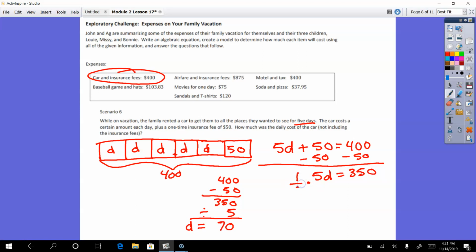Multiply by the reciprocal, which is the same thing as dividing by 5. Okay, so this would simplify all down to 1. So I have D equals, this would give me 350 over 5, so 350 divided by 5 equals $70 for the day.